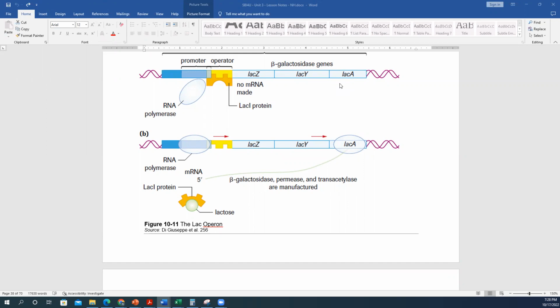In this case, you have a repressor protein called the LAC-I protein, right here. Its job is to bind to this LAC operator.